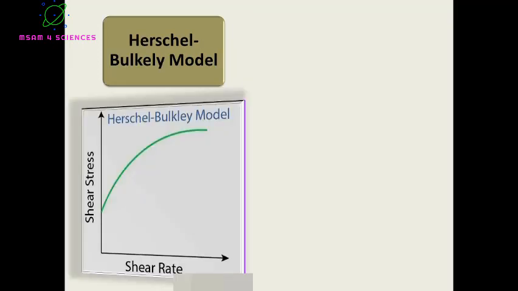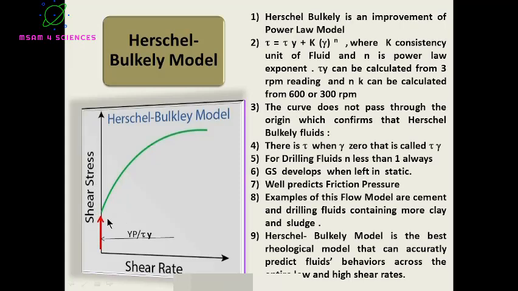Last model, Herschel-Bulkley. It is the same as Bingham, but the difference is that the viscosity is not constant, and it is the same as the power law model, but the curve does not start from the origin. There is a yield point on the shear stress curve that must be applied prior to commencing flow.